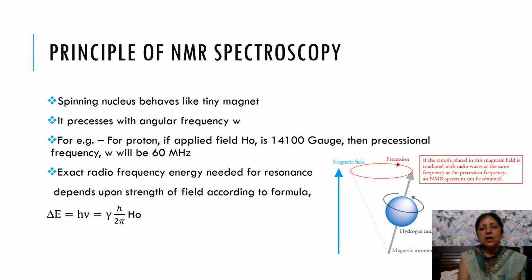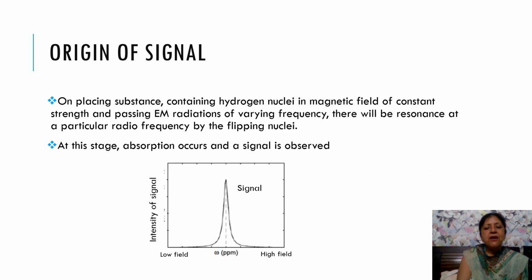This flipping can occur only when we supply the requisite amount of energy in the form of external radiation, and the external radiations required in NMR spectroscopy are radio waves, which are made to fall on the nucleus. When the energy gap of the two spin states matches with the radio frequency which we are making to fall on the nucleus, then resonance occurs and flipping occurs, and that gives rise to the signal.